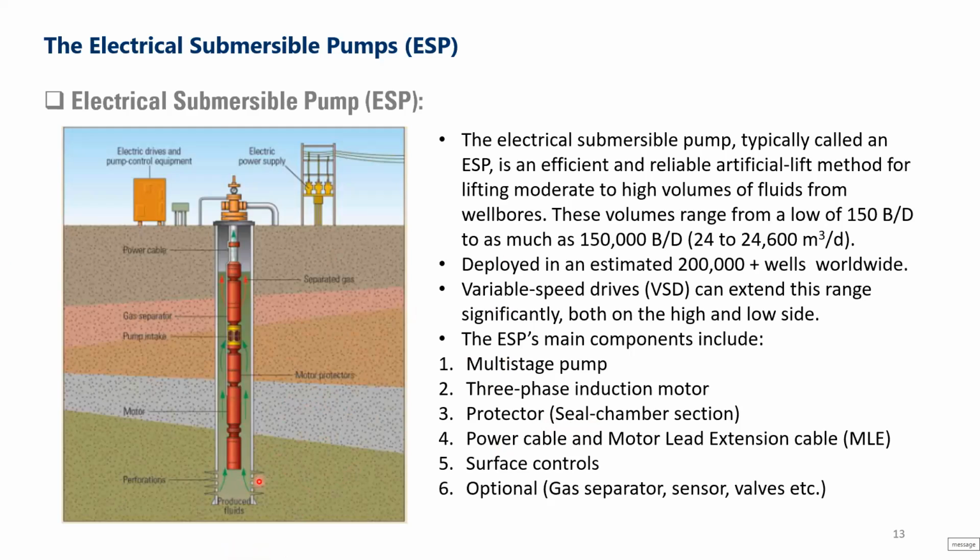So this will help them analyze this data and hence know the best condition that the ESP can run under, to help them plan for other wells or for this current well itself. It's an option. You can run a sensor in the data acquisition system with the ESP, or you can run it without. So this is an optional part.